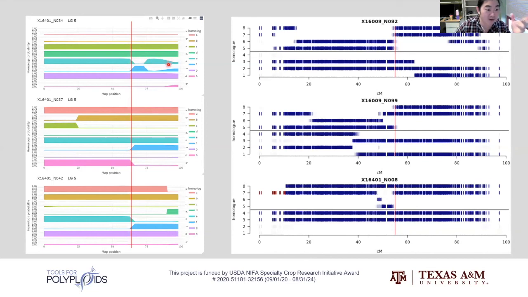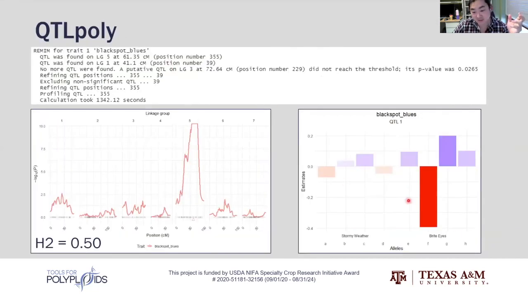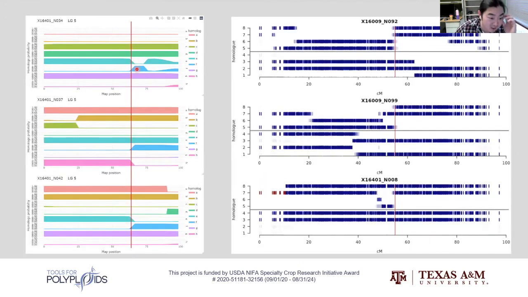So if you remember earlier, I'll go up 2 slides. For QTL Poly, we're looking for the F allele on linkage group 5 at the line. So coming back here, you're looking for individuals that carry this blue haplotype.